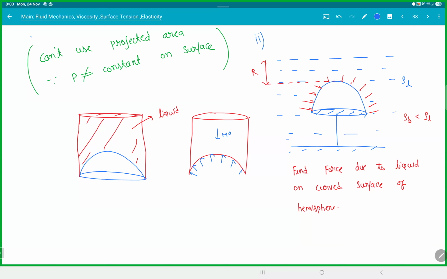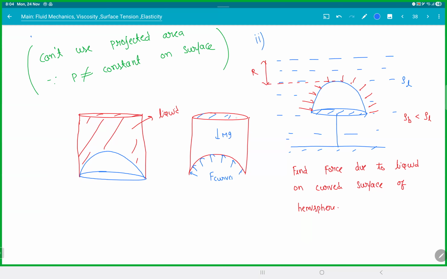And that must balance the weight on top of it, right? Is that clear, everyone? So all that water on top of that curved surface must be balanced by whom? This curved surface only. Clear? Done. You can find that thing.